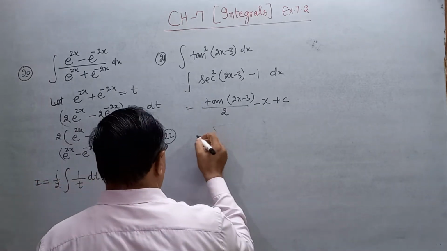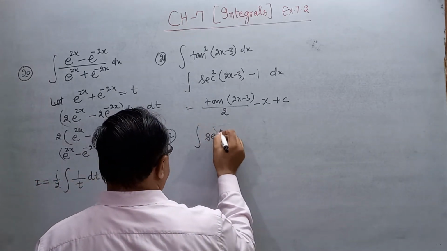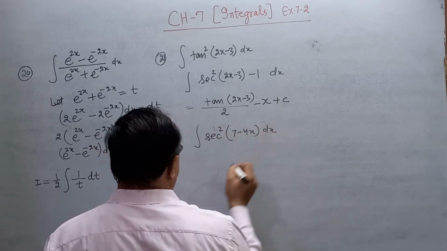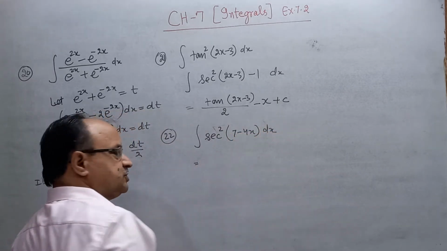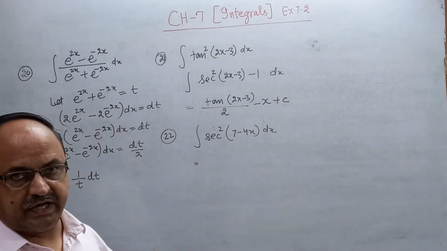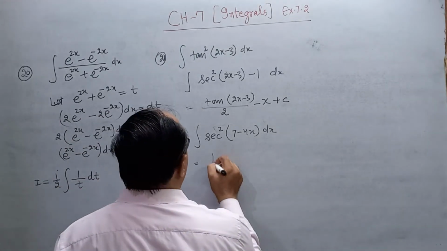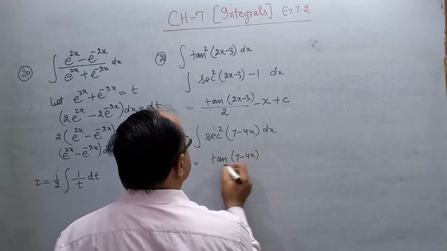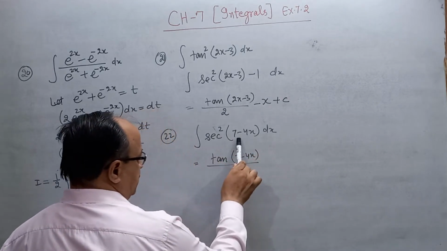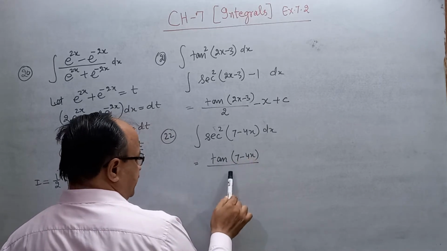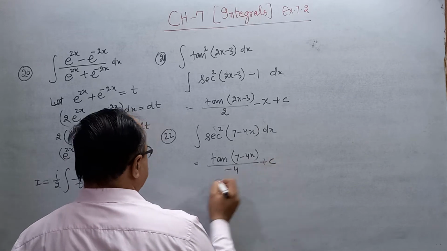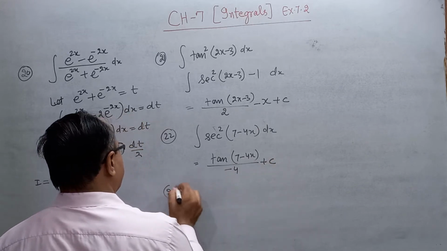Question 22. Integration of sec square (7 minus 4x) dx. You know that the integration of sec square x is tan x. Therefore you can write tan (7 minus 4x) divided by the derivative of the angle, that is minus 4. This is the answer.